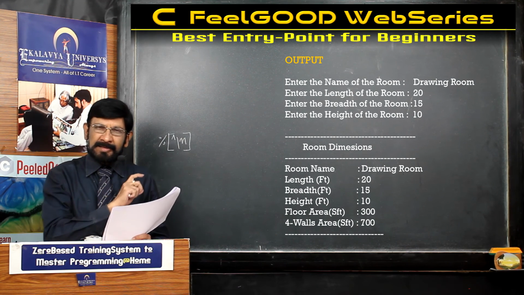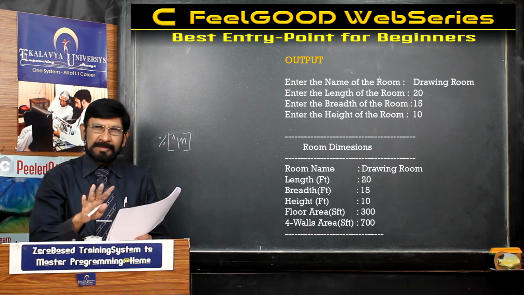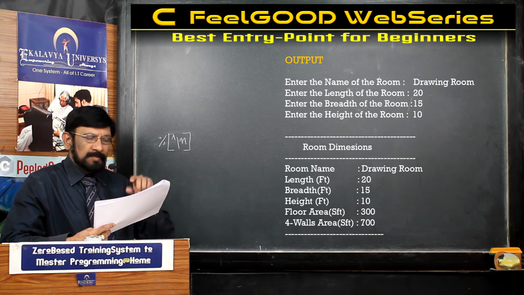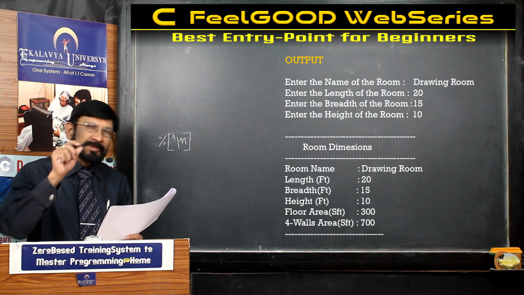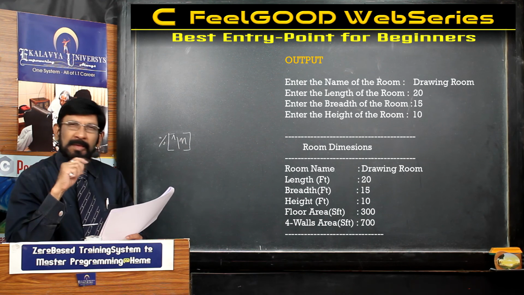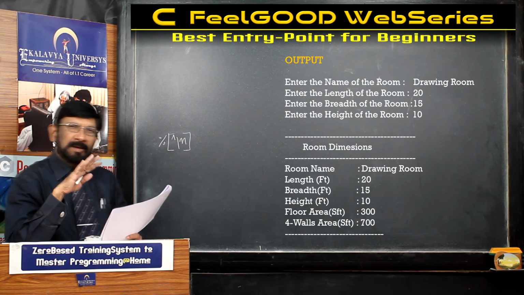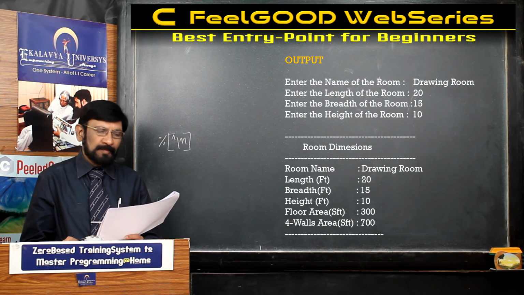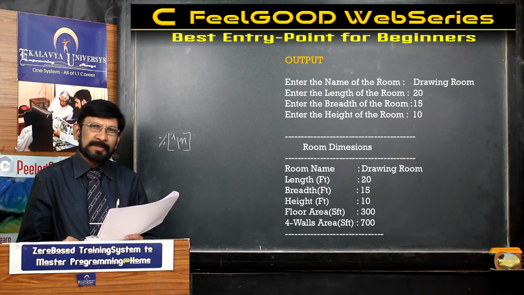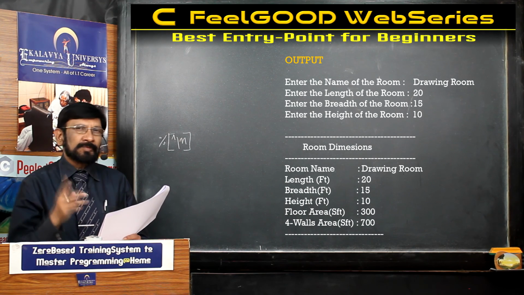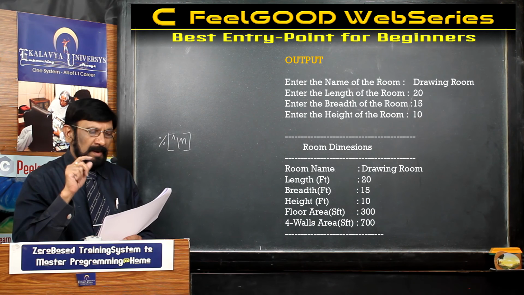Your client does not know anything at all; he just uses it, and it should enable him to use it comfortably. Which prompt statement should I give? If I see 'enter the name of a room', any client is not confused. It is very clear. Enter the length of the room, enter the breadth of the room, and enter the height of the room. So think twice while writing prompt statements.